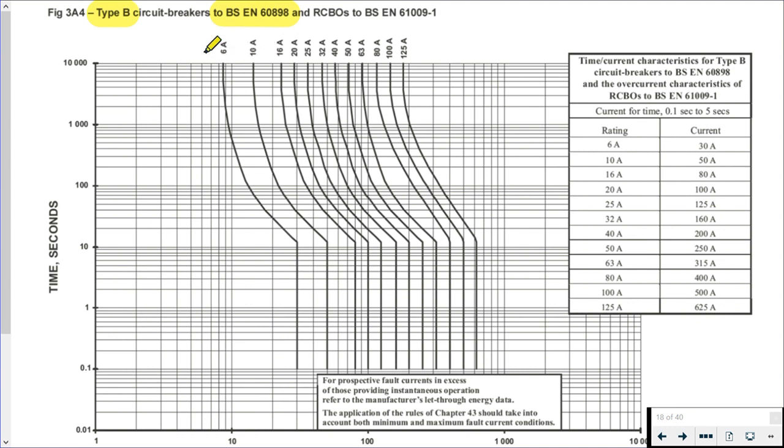Now, we could use the time current characteristics, we could use a graph, but however, we're looking for the 5-second operating current, so we are going to use this table here because you'll see that it's got 5 seconds identified in the table.